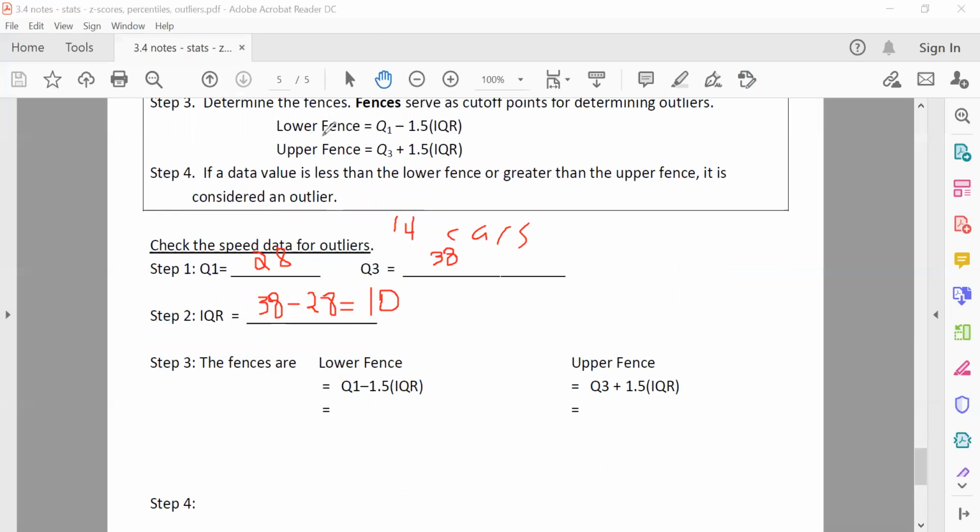The lower fence is found by taking the first quartile, not the minimum, the first quartile, and subtracting off 1.5 times the IQR. So 28 was the first quartile, minus 1.5 times the IQR, which was 10. Of course, you have calculators. That becomes 28 minus 15, which is just 13.